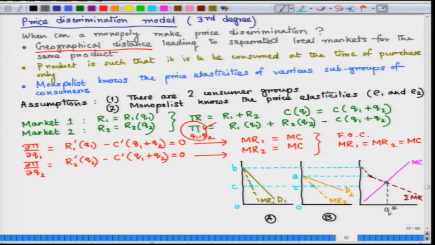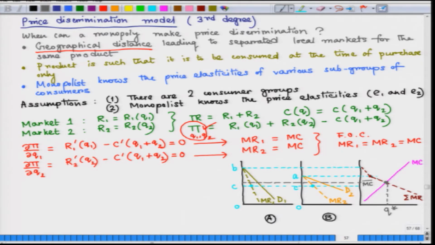So, now we need to use this MR equal to MC point, and we need to note the MC at which it equates the total marginal revenue curve, and then find out the MR equal to MC intersection point for that very level of marginal cost, say MC bar, right.